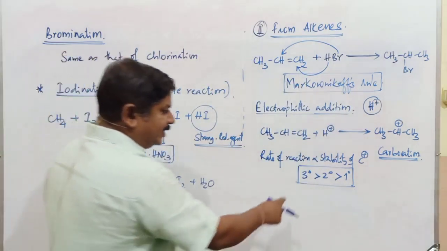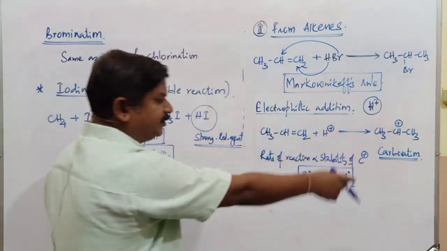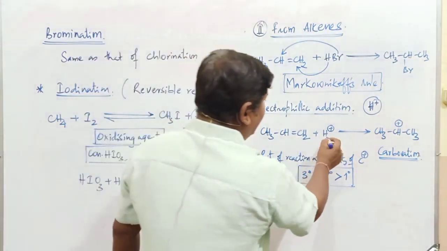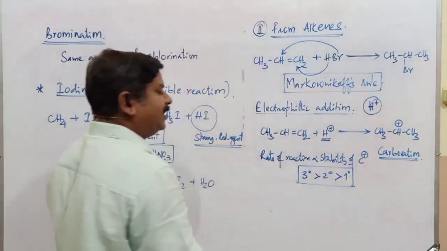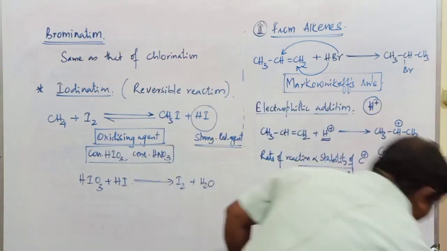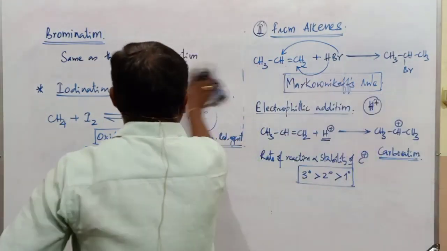So wherever there is formation of a 3° carbocation, usually that compound is more reactive. In this reaction, addition of H+, the electrophile, takes place, so it takes place according to an electrophilic addition reaction.